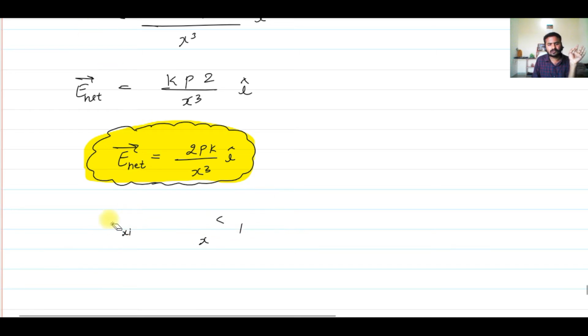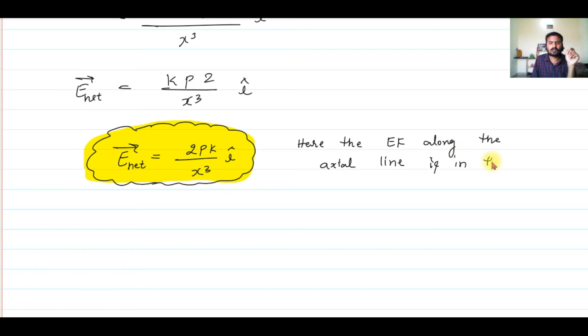I'm just going to write here: the electrical field along the axial line is in the direction of electric dipole moment.